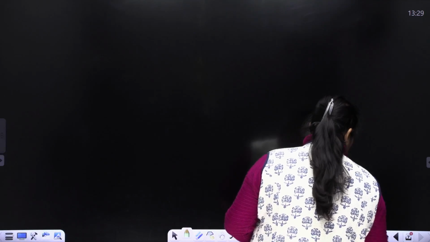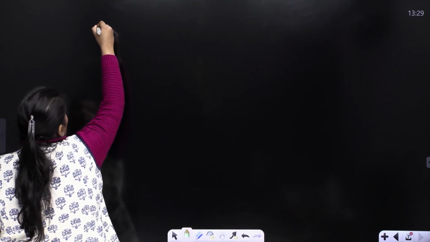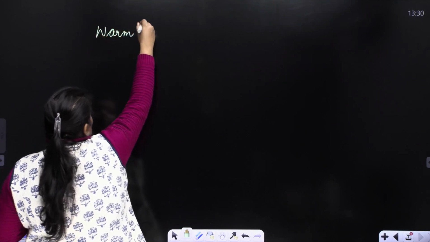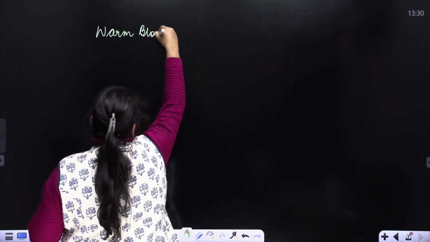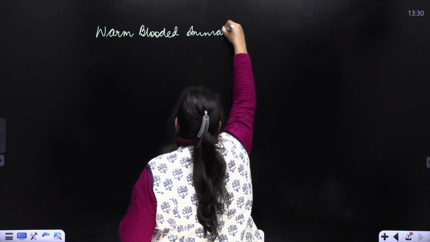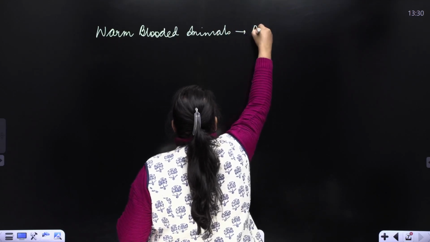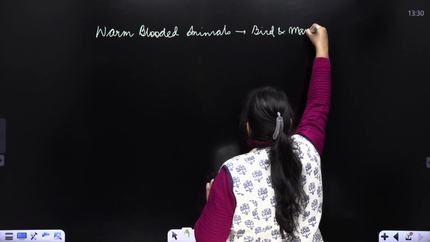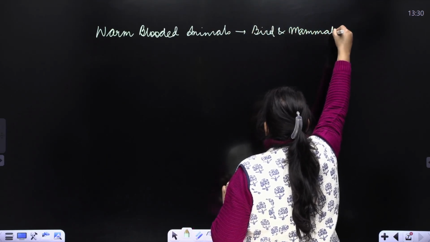Now, why is this required? Birds and mammals are known as warm-blooded animals. Why are they called warm-blooded?